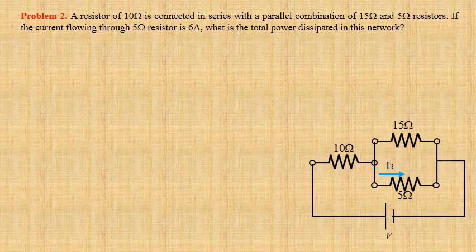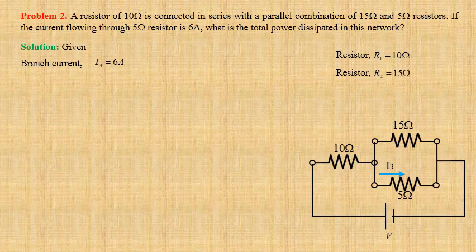Let us first write down the given data. Branch current I3 equals 6 ampere. Let the resistor R1 be 10 ohm, resistor R2 be 15 ohm and resistor R3 be 5 ohm.